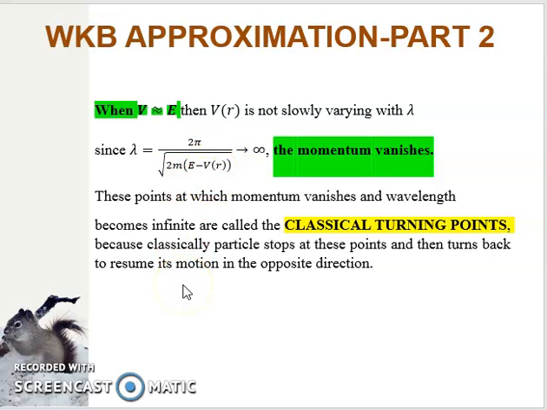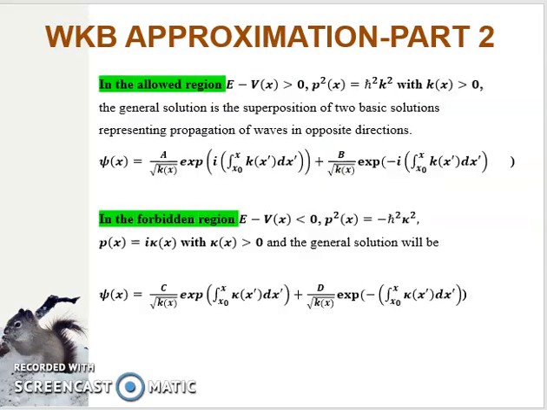So these points at which momentum vanishes and the wavelength becomes infinite are called classical turning points, because at this particular point the particle stops momentarily and then returns back to resume the motion in the opposite direction. That's why they are called the turning points.